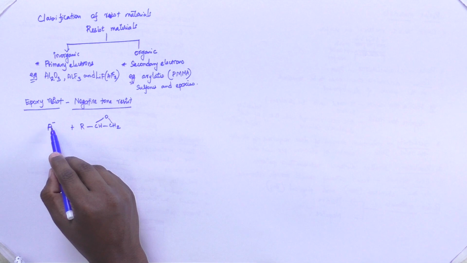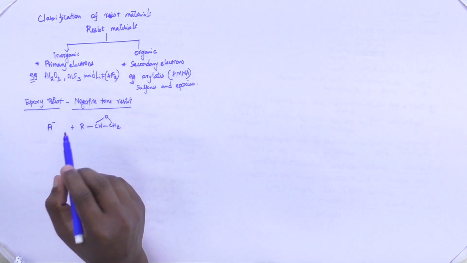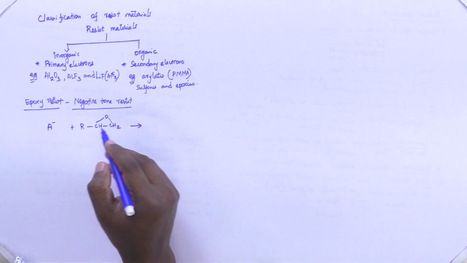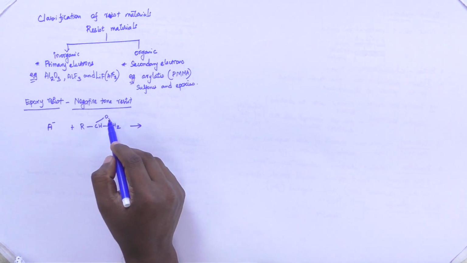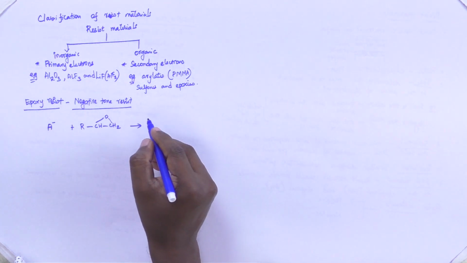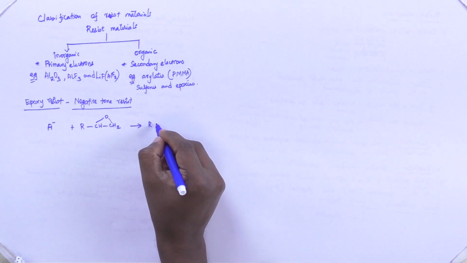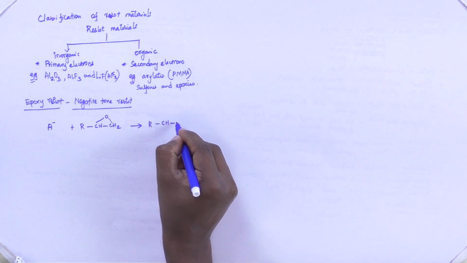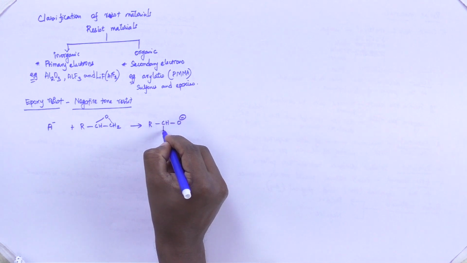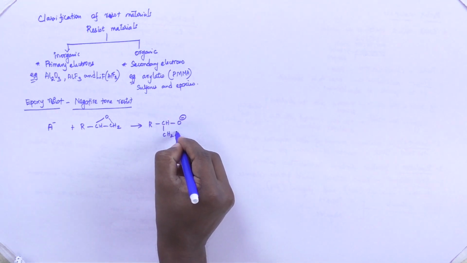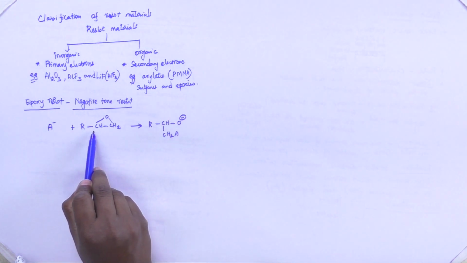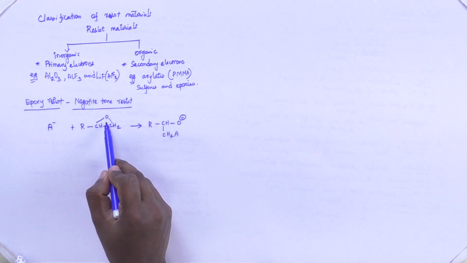This already produced ion will make this epoxy ring open. As a result, what we obtain is CHO minus and then CH2. So this bond will break and it will produce O minus.